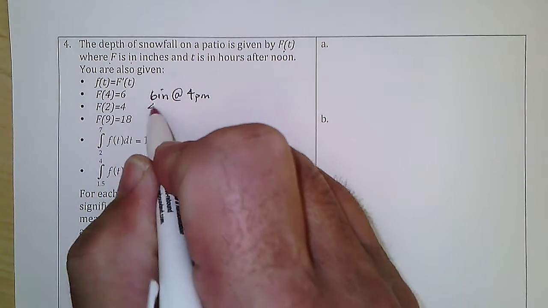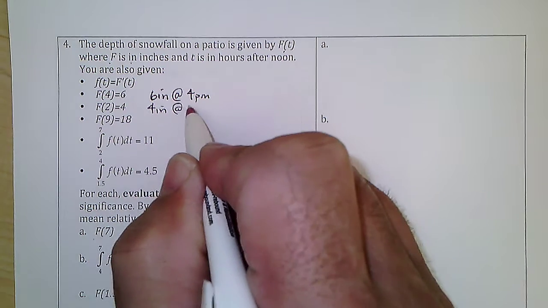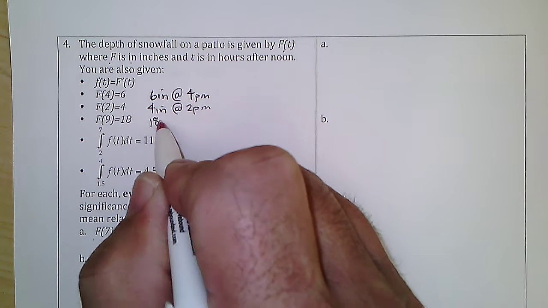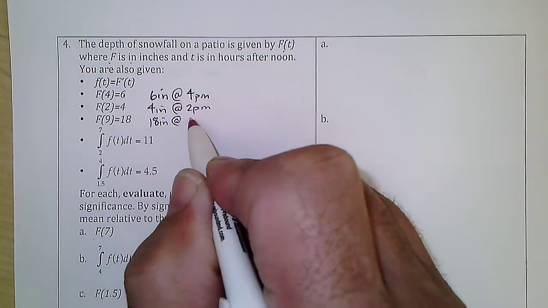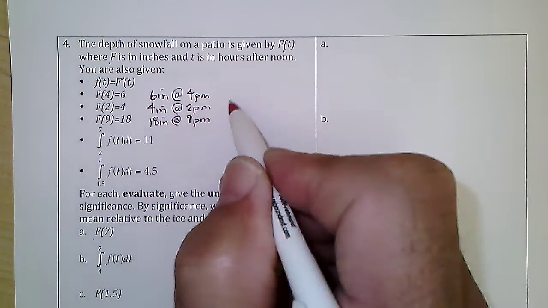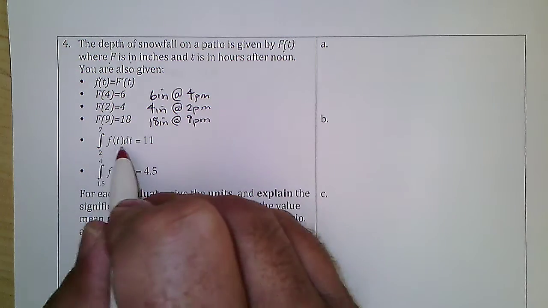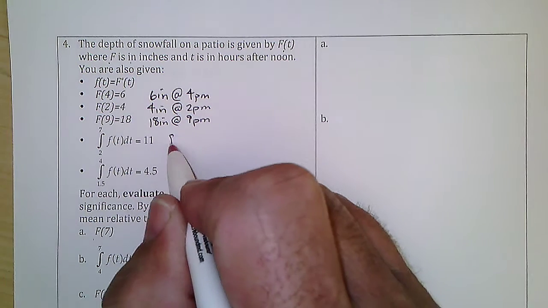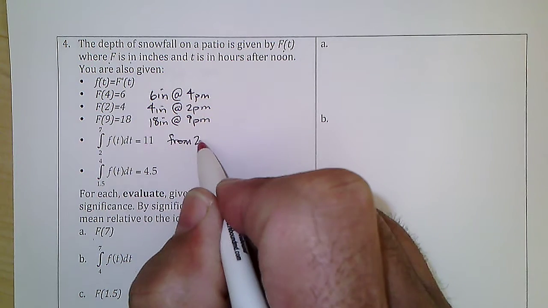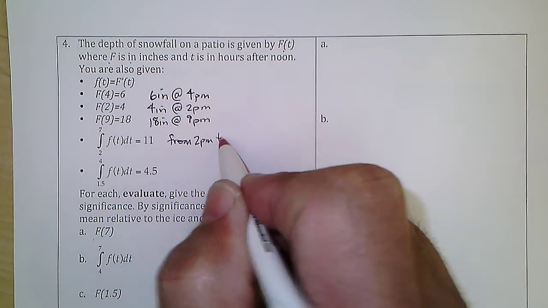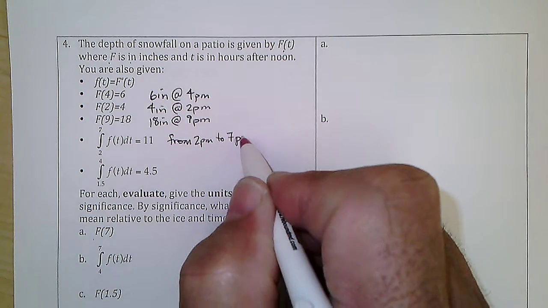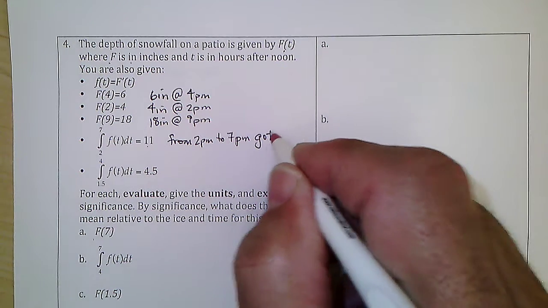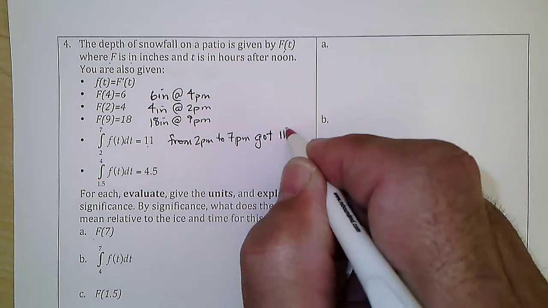This says 4 inches at 2 p.m., 18 inches at 9 p.m. This says this is the change from 2 p.m. to 7 p.m. We got 11 inches more.